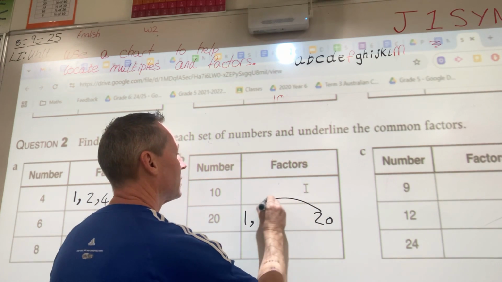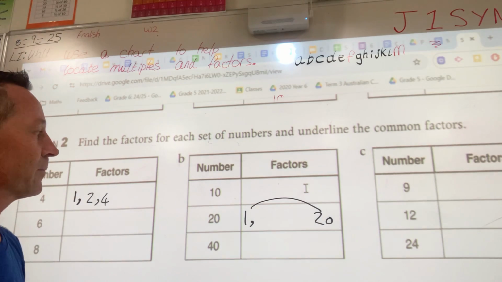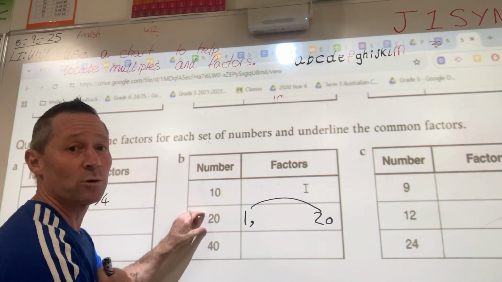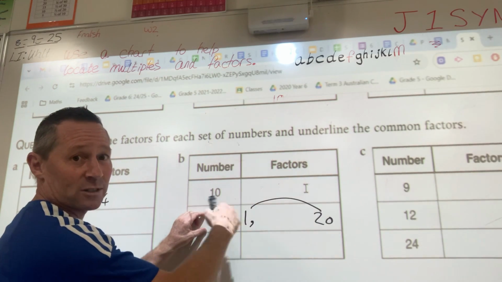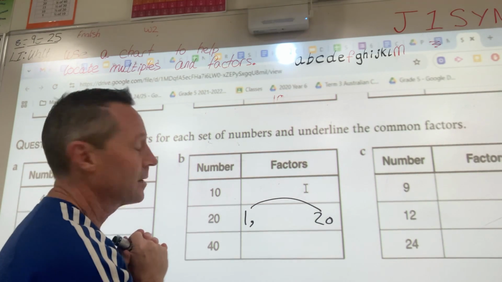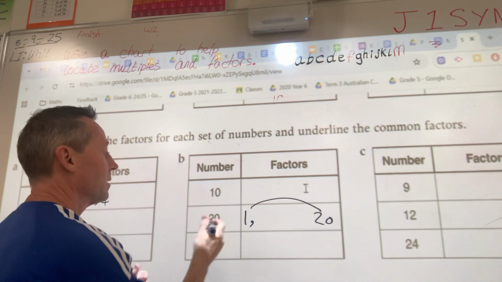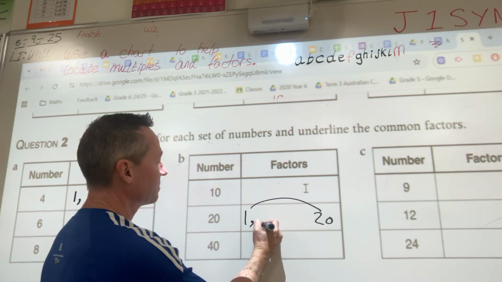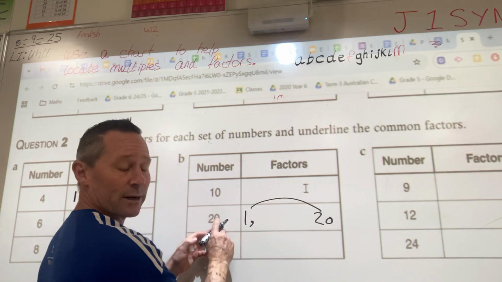Because 1 times 20 would give you that. When you're looking for factors of a number, it has to be smaller, because otherwise you might be getting confused with multiples. So, factors of this, something else. Can you think of something else times something else gives me 20?